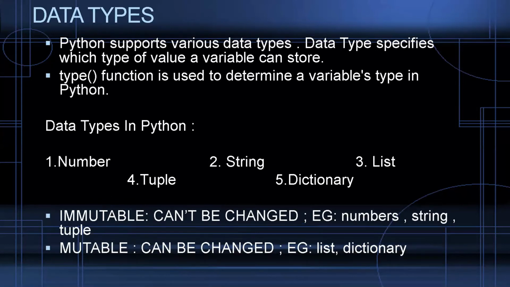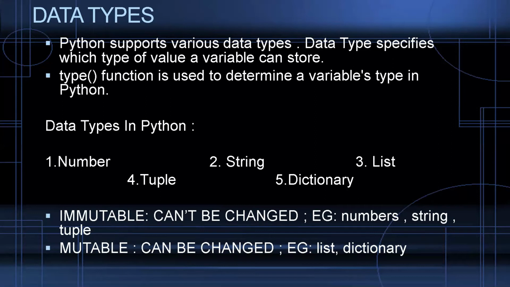A data type specifies which type of value a variable can store. The type function is used to determine a variable's type in Python. Data types in Python are number, string, list, tuple, and dictionary. So let's see every single data type in detail.